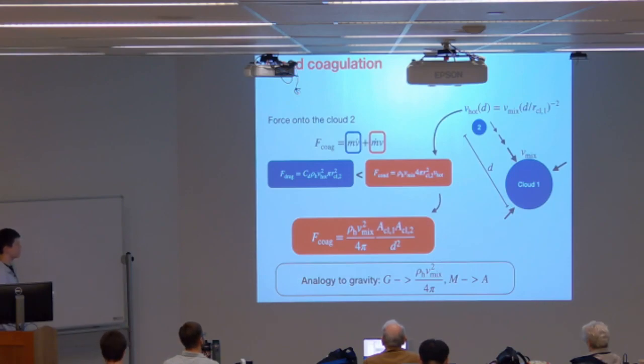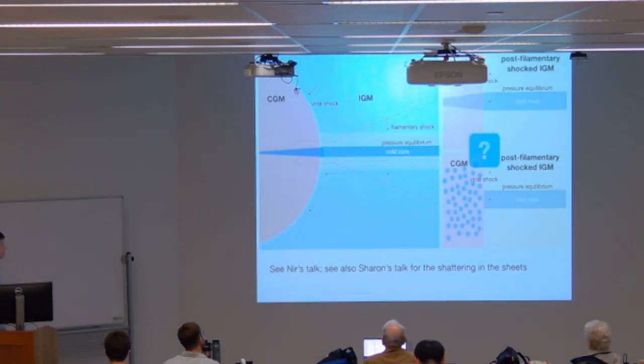Here is the G, and here ρ v_mix squared over 4π, and the mass and the area. Given this similarity between the coagulation force and gravity, we would expect that the geometry would play an important role here, just like the gravity from a sheet is different from that of a stream and from a sphere. But why do we care about the geometry?